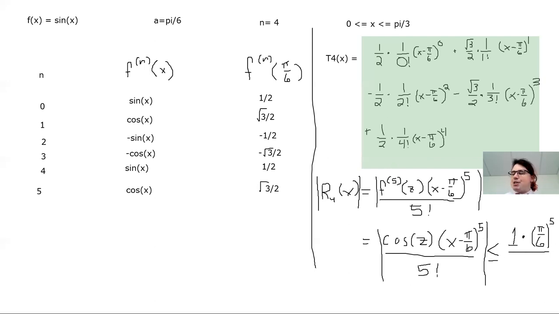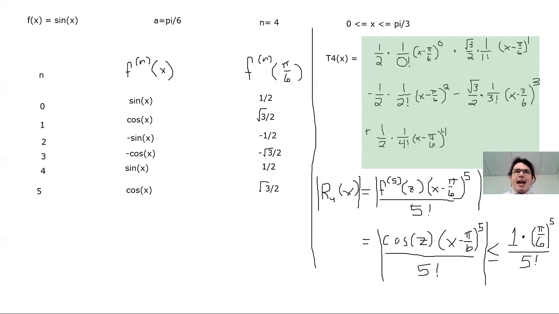Now my numerator is just the formula for some number. My denominator was already the formula for some number. The number is 5 factorial. So written out this way, I have a single number that is the worst possible error that my Taylor polynomial could have in it.